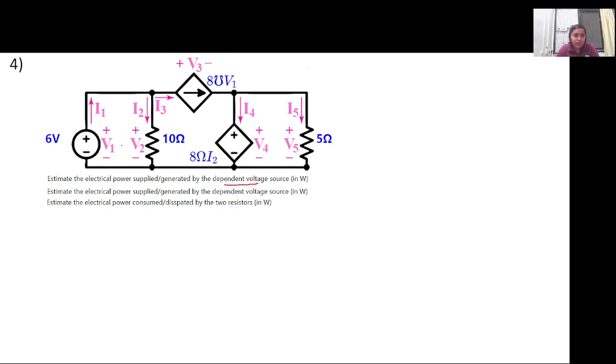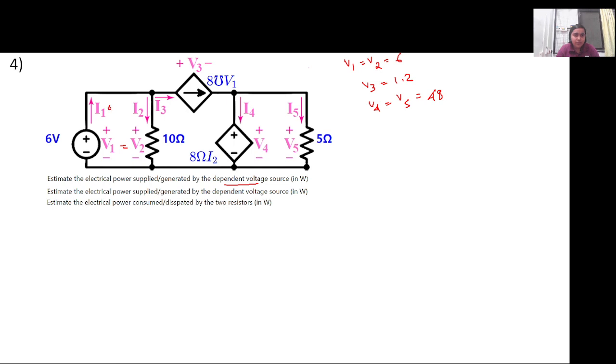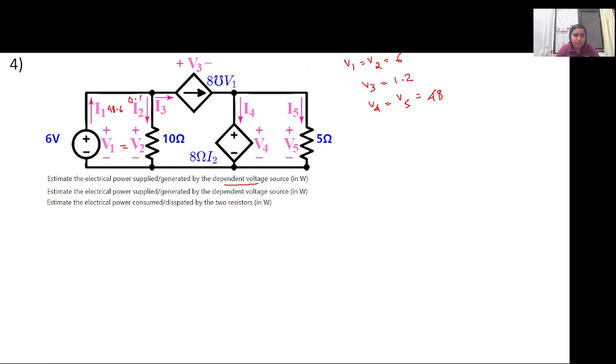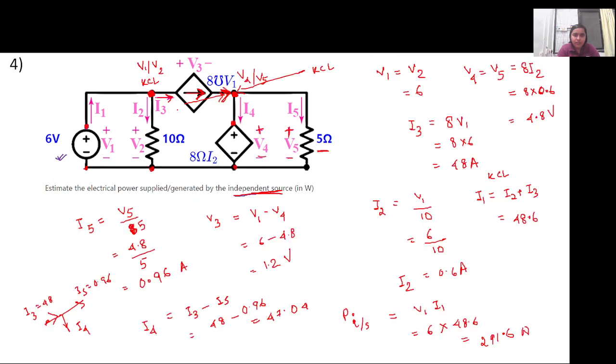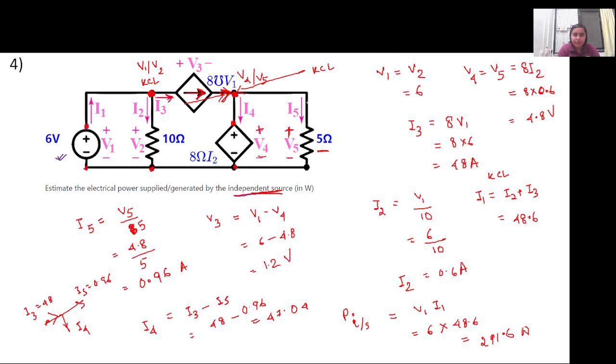So V1 equal to V2 equal to 6 volt, V3 equal to 1.2, V4 equal to V5 equal to 4.8, and the currents are I1 is 48.6, I2 is 0.6, I3 is 48, I4 is 47.04, and I5 is equal to 0.96.